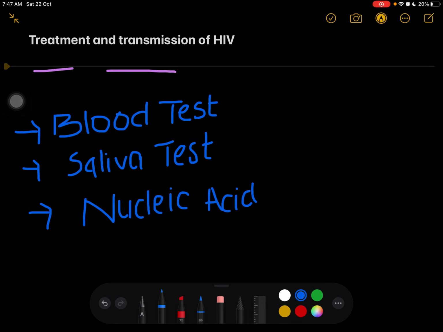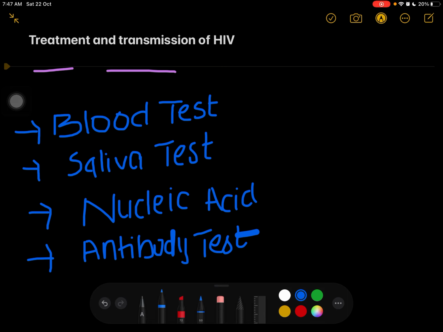This shows how much DNA in our cell is ours, and how much DNA in our cell is theirs. So we will get to know about this by this test. Number four is antibody test.